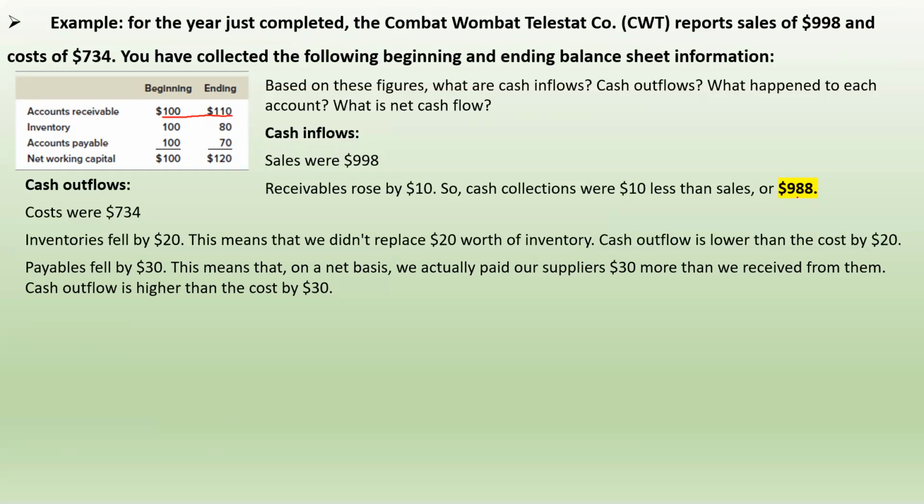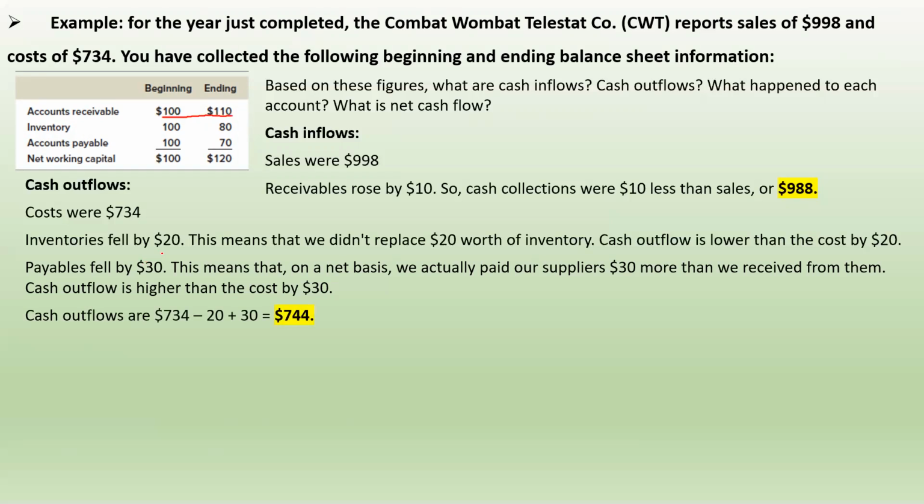Accounts payable falls by $30, which means that we actually paid our suppliers $30 more than we received from them. So in this case, cash outflow is higher than the cost by $30.